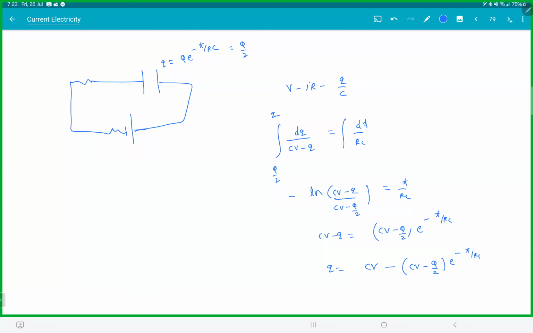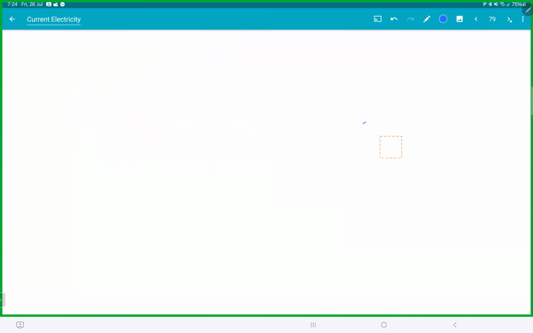So you will get less than half actually. What if this value is Q by 4? Then this will be Q minus 3Q by 4. It will be less only, right? It will always be less. It's always being less actually.